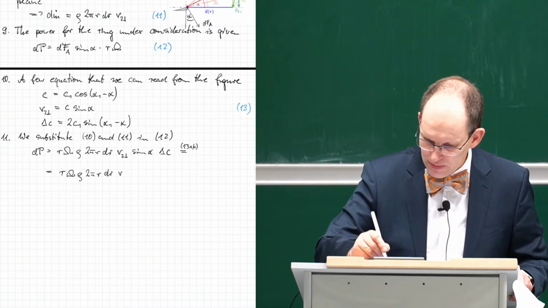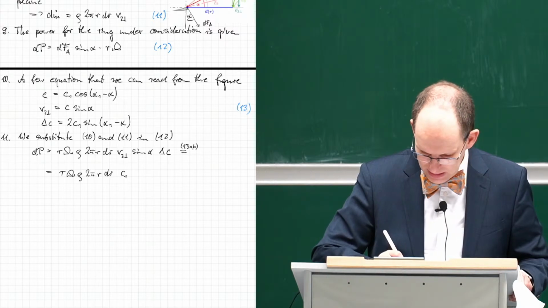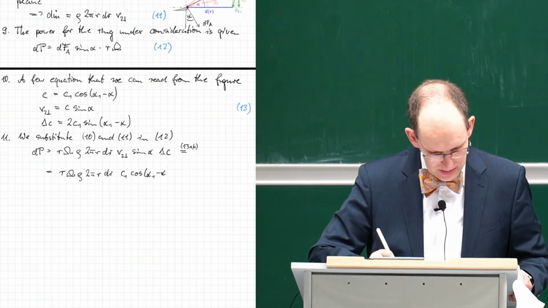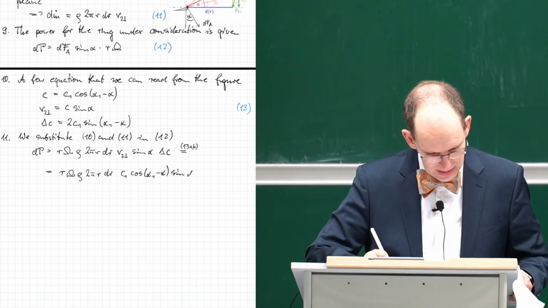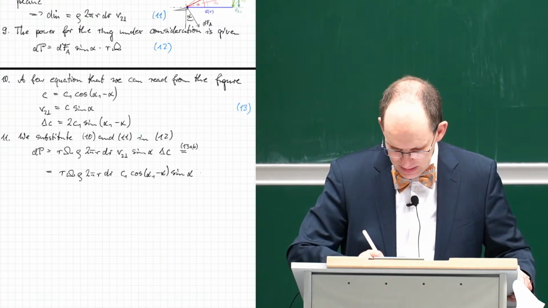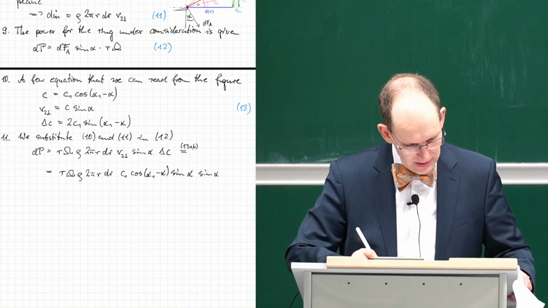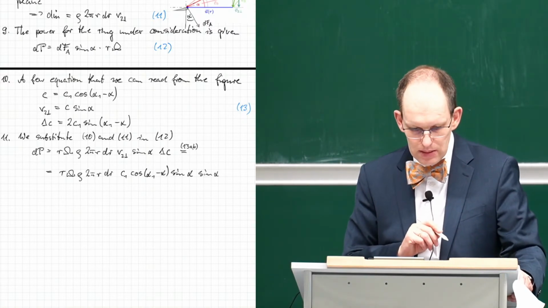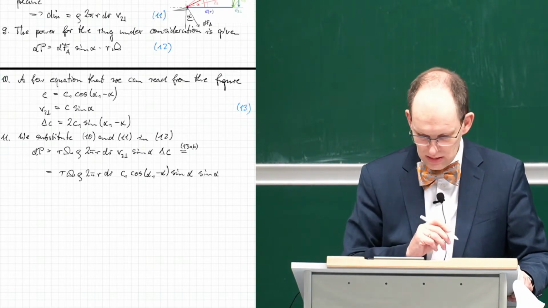So we have C1 times the cosine of alpha 1 minus alpha times the sinus of alpha. And then I continue with the sinus of alpha times delta C, and delta C I replace with 13C.